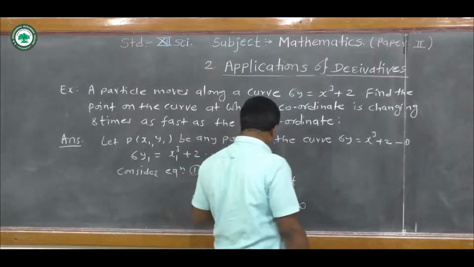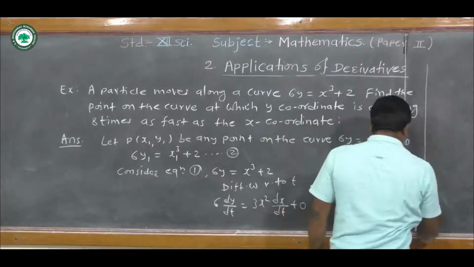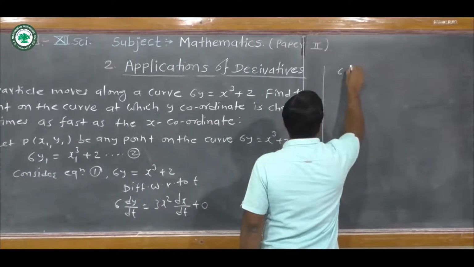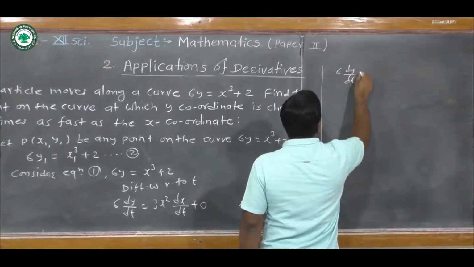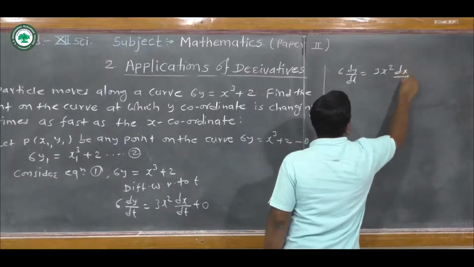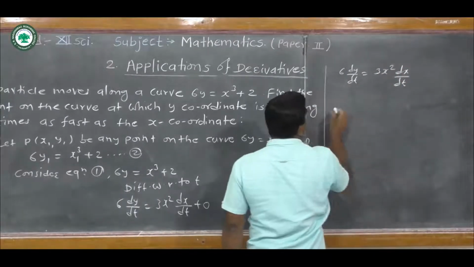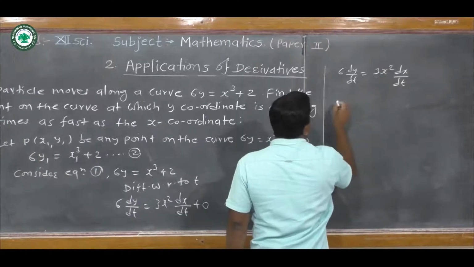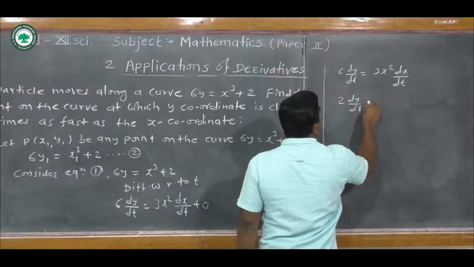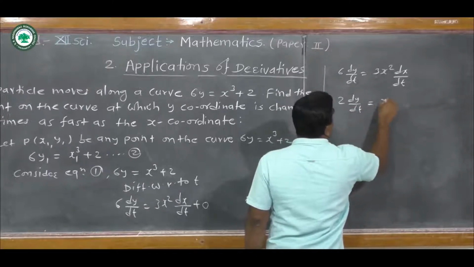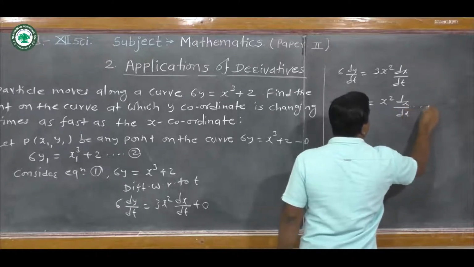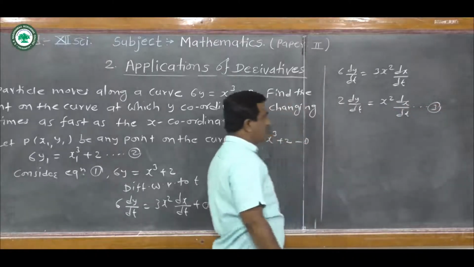That is, we get here 6 into dy by dt equal to 3x square dx by dt. Dividing throughout by 3, we can write here 2 into dy by dt equal to x square into dx by dt. Say this as equation number third.